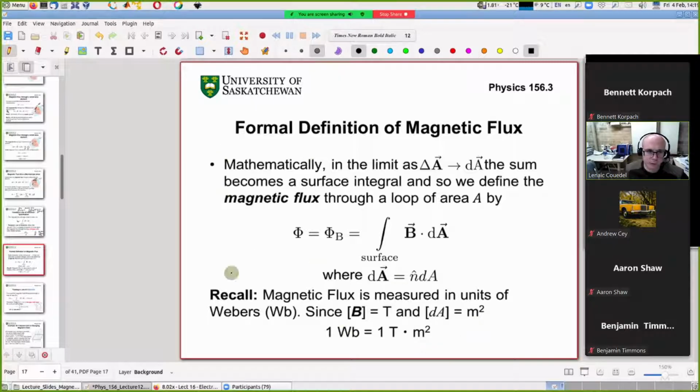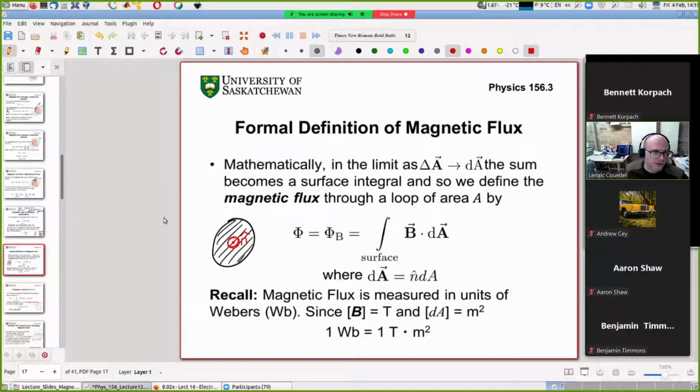So if you have a loop like that, the area is defined by the area enclosed by the loop, and you can attach, for example, a normal vector n at here to this surface, which will be perpendicular to the surface.